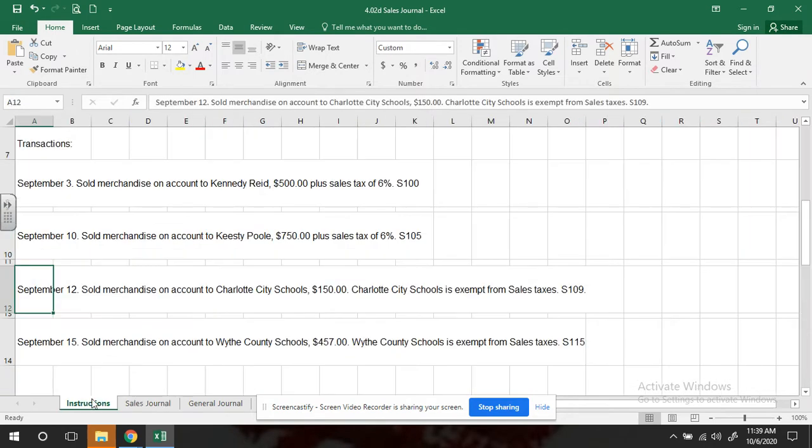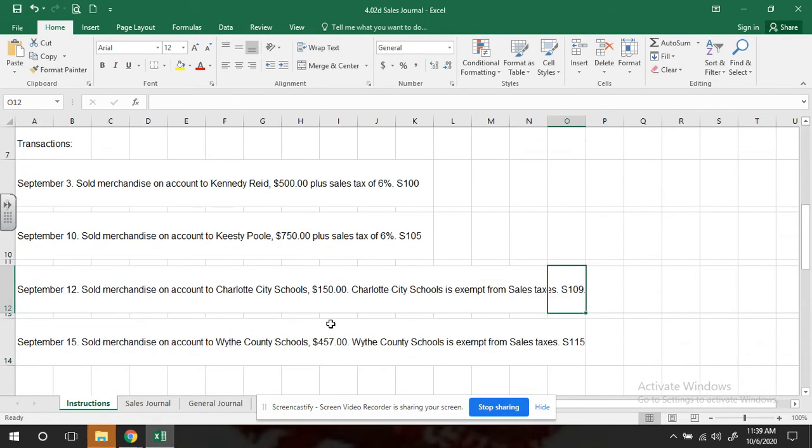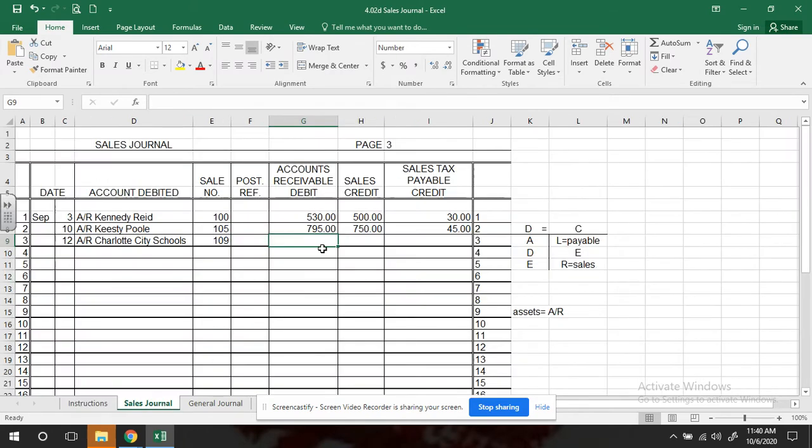And this is sales transaction 109. And it's $150, and they are exempt from sales tax. Exempt from the tax. So it's $150 and $150.